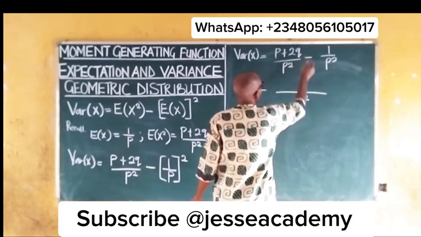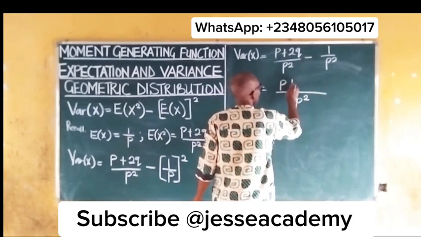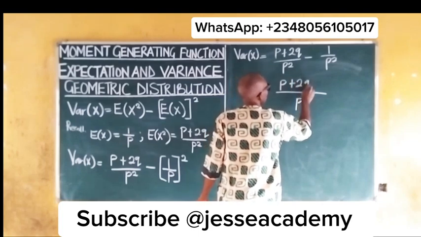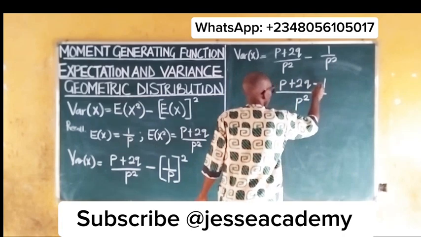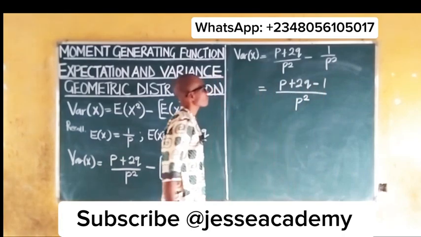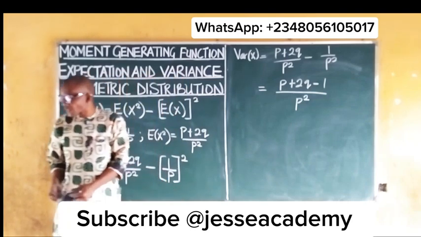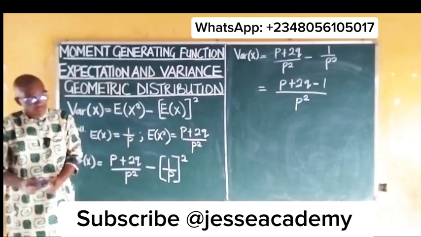All we need to do is just to bring out this. This will now give us P plus 2Q minus 1. So that is what we get.